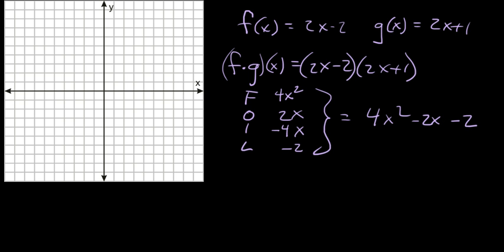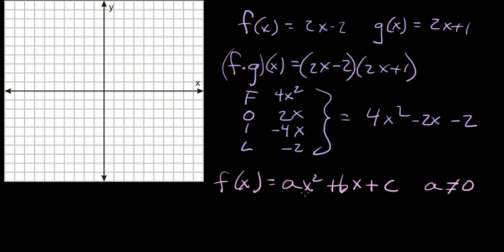And a quadratic function is any function that can be written in the form f of x equals ax squared plus bx plus c. And a cannot equal 0, because if a equals 0, then of course you have a linear function, bx plus c. So f of x has to be ax squared plus bx plus c.